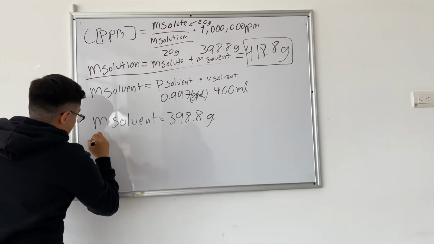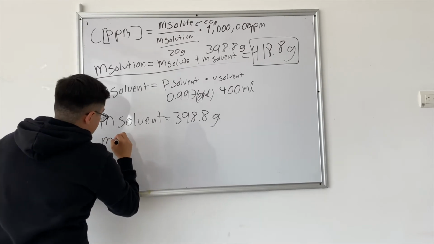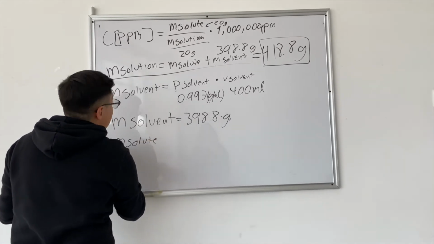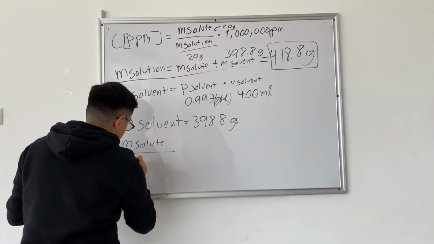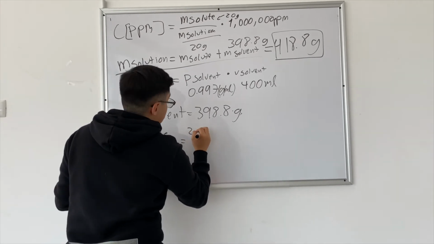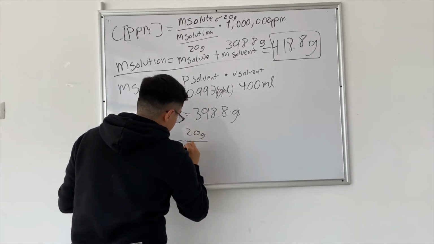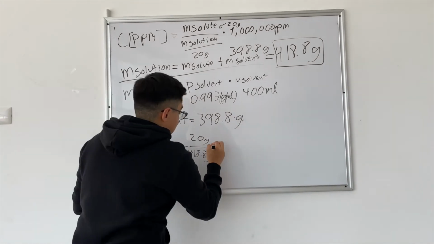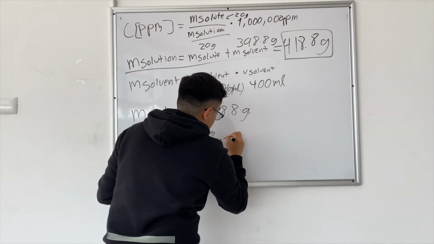So, mass of the solute over mass of the solution, 20 grams over 418.8 grams, times 1 million.